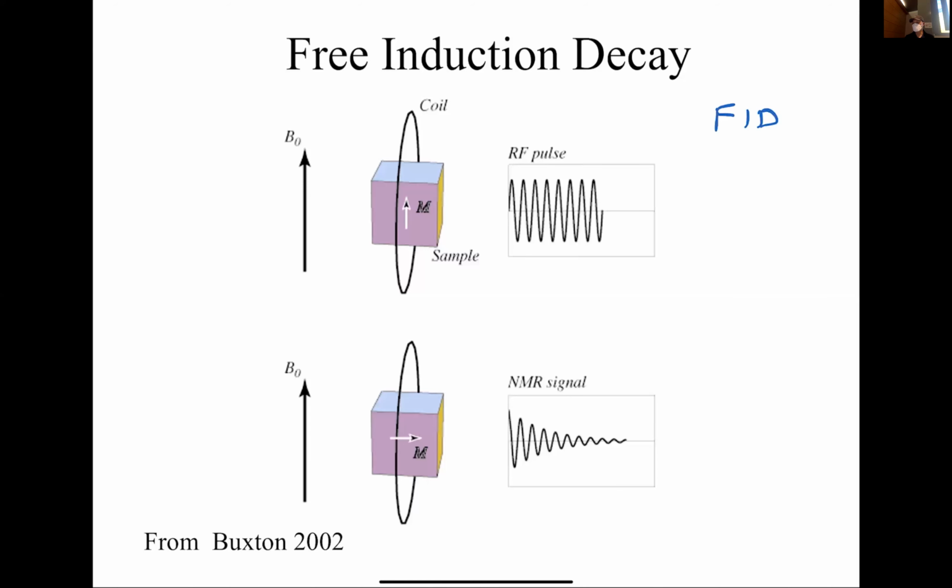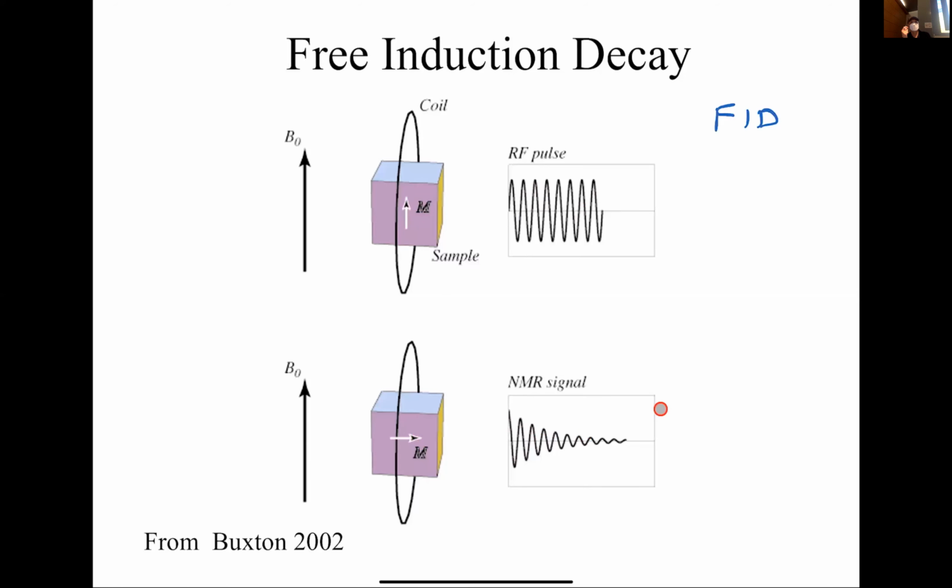And so the idea is, the magnetization is in equilibrium. We apply an RF pulse. That RF pulse tips it away, so the magnetization is transverse now. And then it precesses around, but as it's precessing, you see it's getting smaller and smaller in amplitude. One of the key things with MR is you're always battling time.